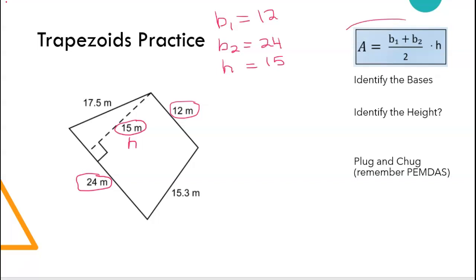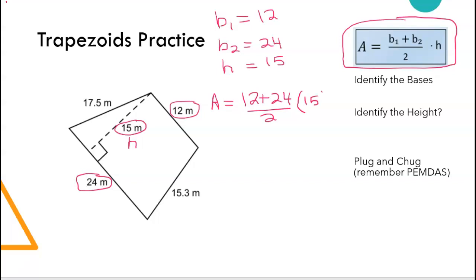Here is my formula. I'm just going to plug it in there. I'm going to say that the area equals base 1, that's 12, plus base 2, which is 24, divided by 2, and I'm going to put these in parentheses just to remind us that it's multiplication, times 15.